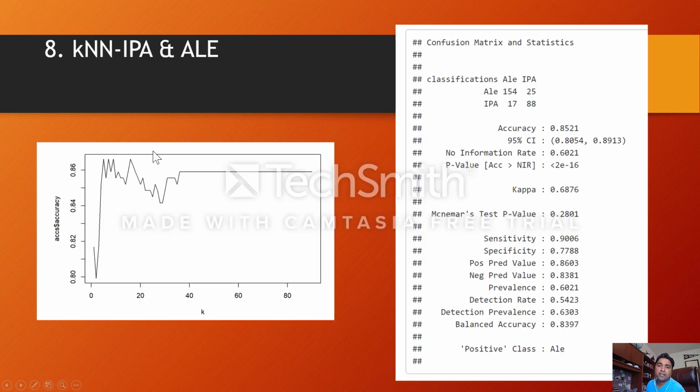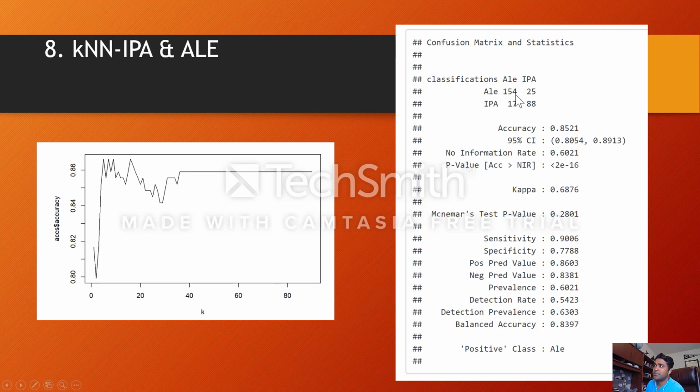Okay, so to further investigate the relationship, we used the KNN method to classify these two types of beer. Here at the left, it's showing what K values we used. This is the optimized K value. Somewhere around 18 or so, we get the maximum accuracy, so that is the K value that we use to classify this.